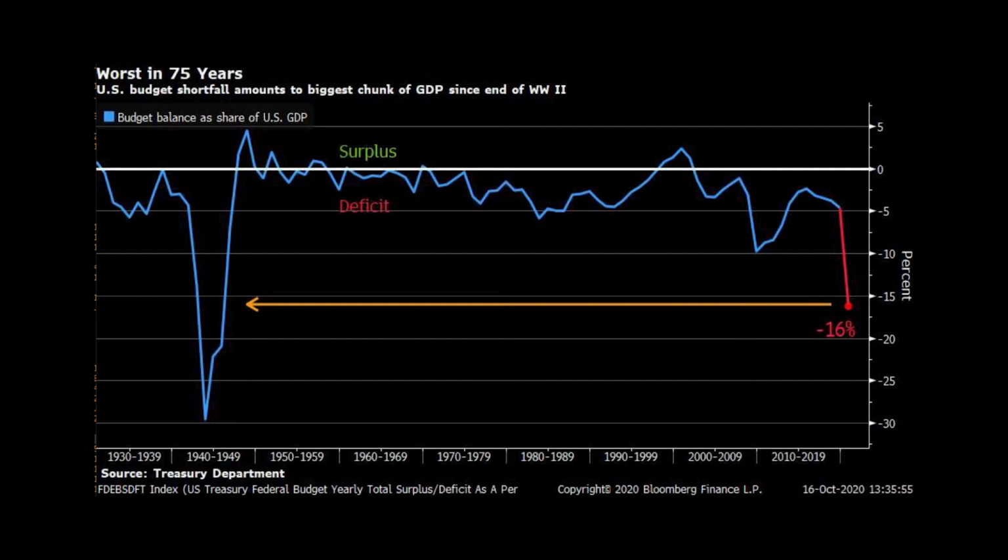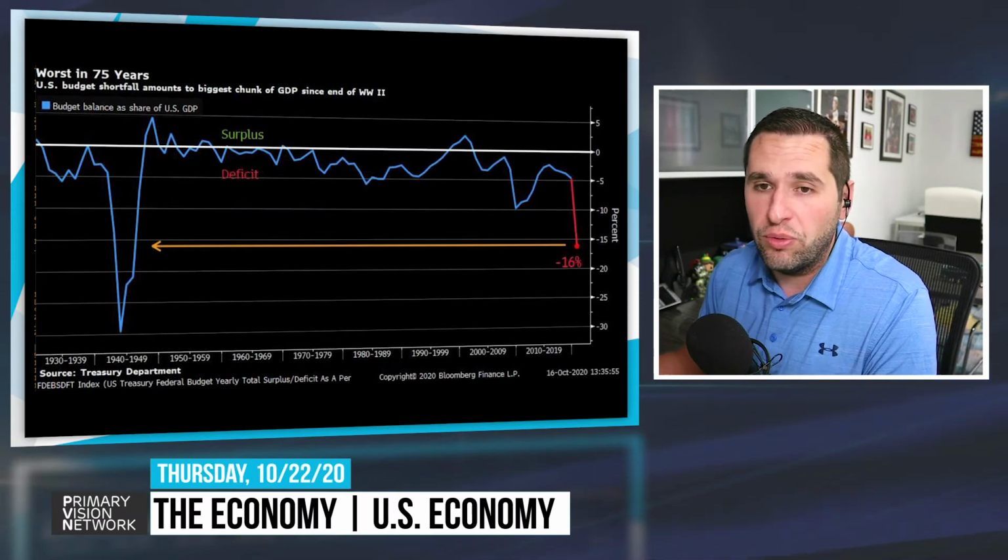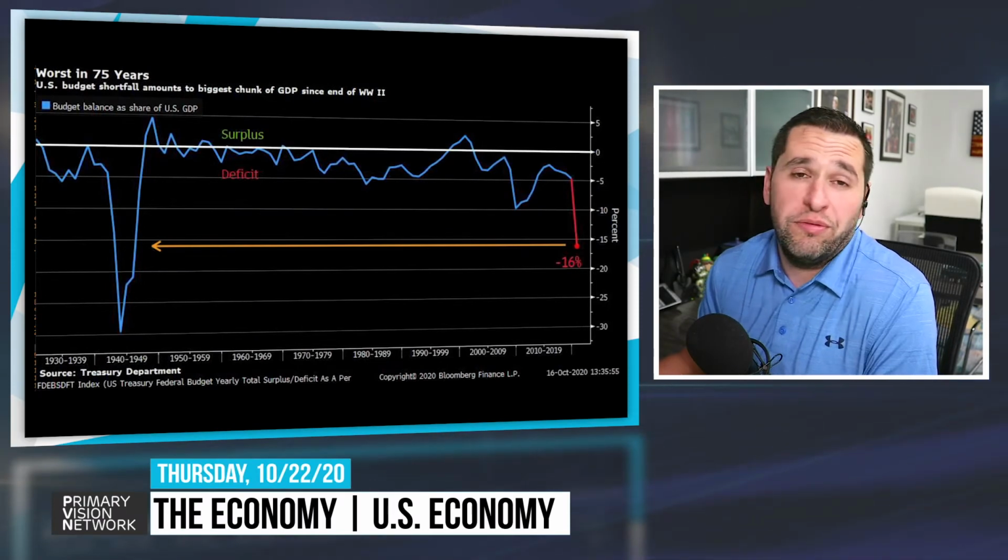But again, regardless of who wins the presidential election, we have more stimulus coming. And that's something to consider when you look at the budget deficit, as it's only going to increase at least through 2024, 2025.